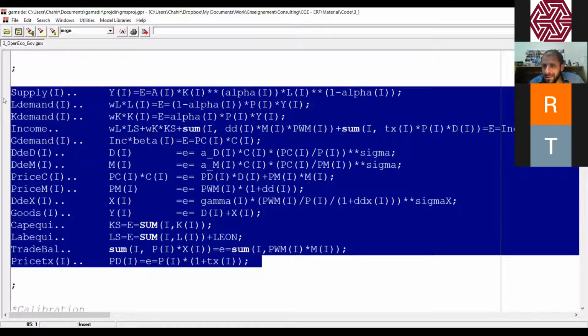Anything that's not clear in the mathematical statement of the model before we move to the next part of the calibration and the initialization? Any questions on this part?